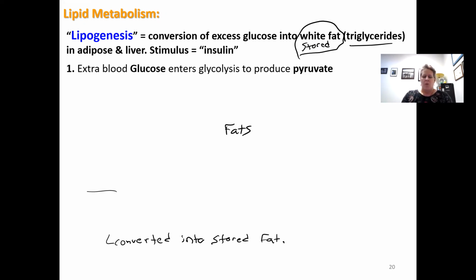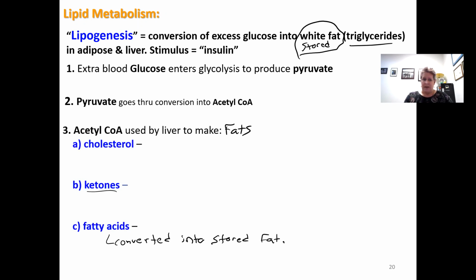We talked about when the body has excess glucose above and beyond what it needs, it will take that glucose and store it as fat for times when the body needs that resource. So what happens is the glucose enters glycolysis to produce pyruvate. Pyruvate goes through pyruvate conversion to make acetyl-CoA. And then the liver uses acetyl-CoA to make fat.